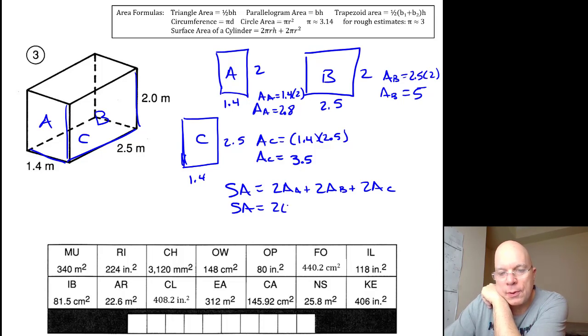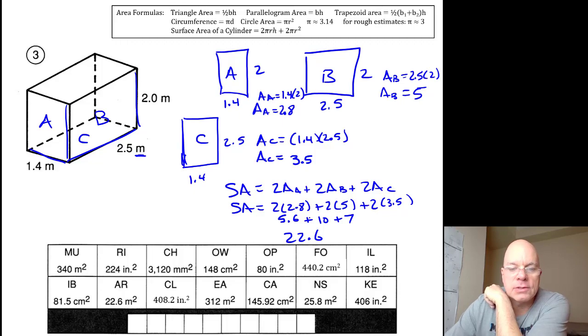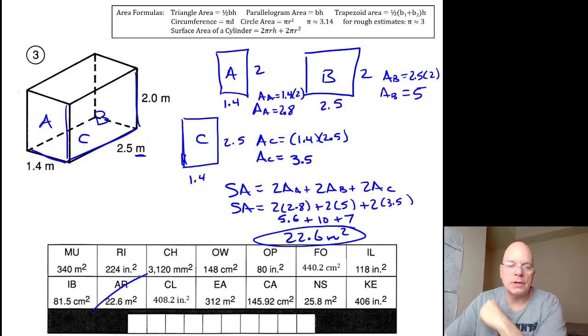So I have 2 2.8s plus 2 5s plus 2 3.5s. 2 2.8s is 5.6, 2 5s is 10, and 2 3.5s is 7. So I have 22 6/10 meters squared, which is right there. So I feel good about that answer.